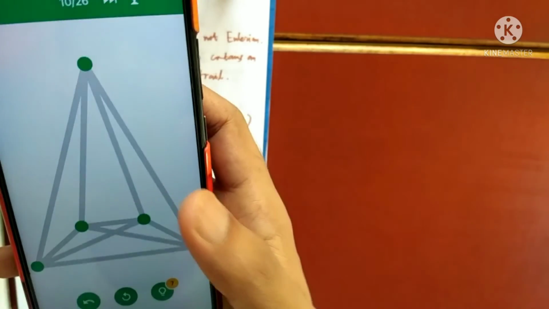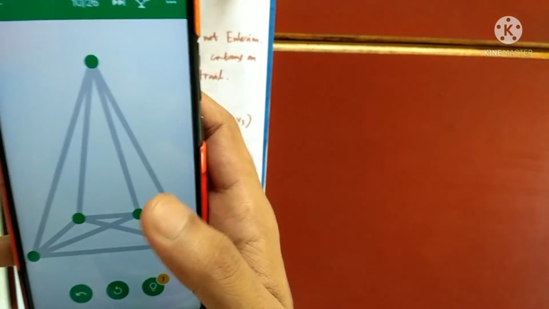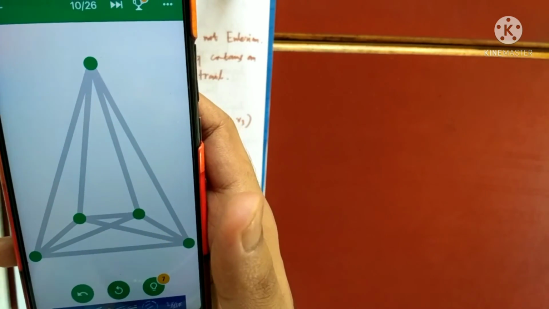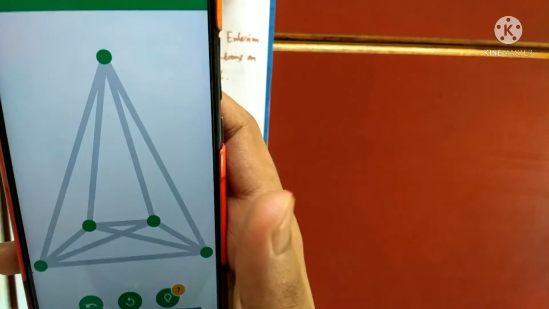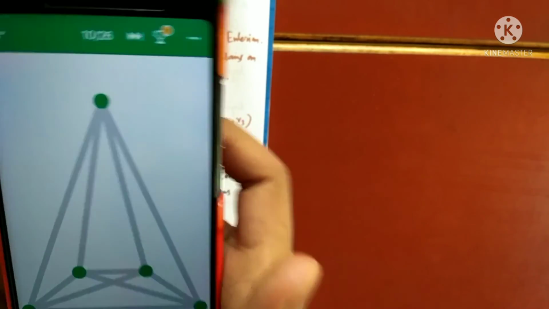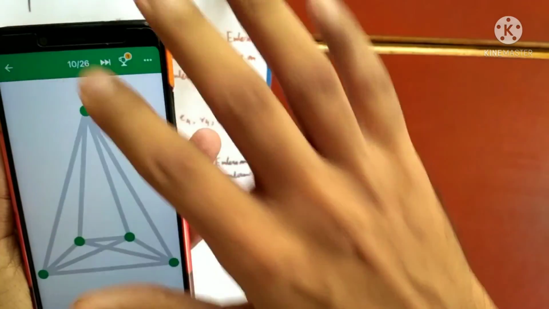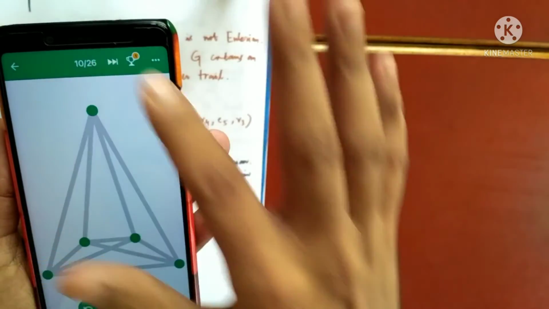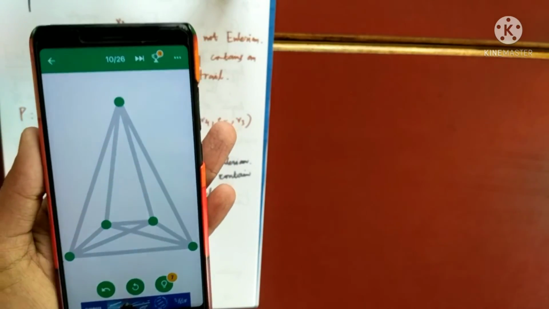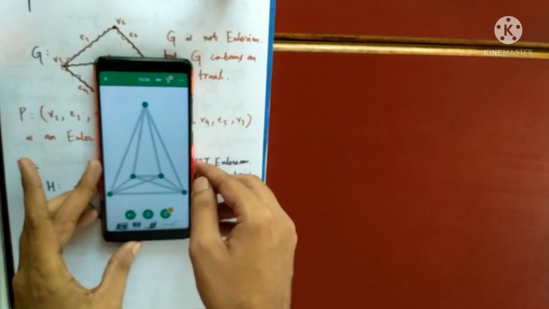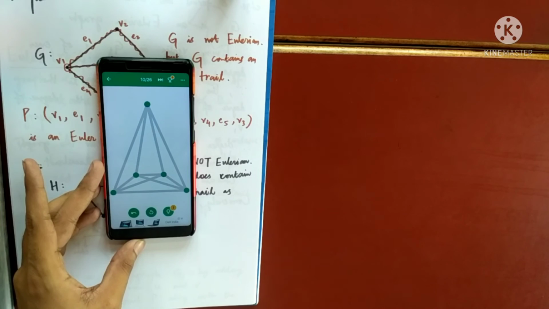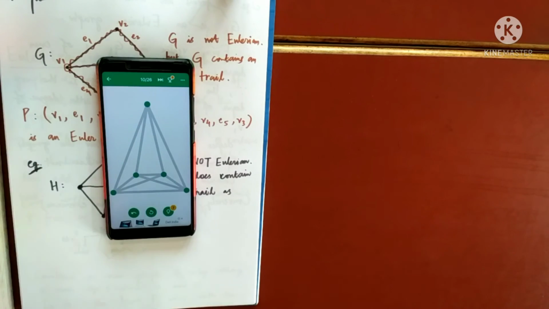So I got this game in the Play Store, where you have to draw a circuit or a trail that contains all the edges. First check whether it is possible to draw or not.